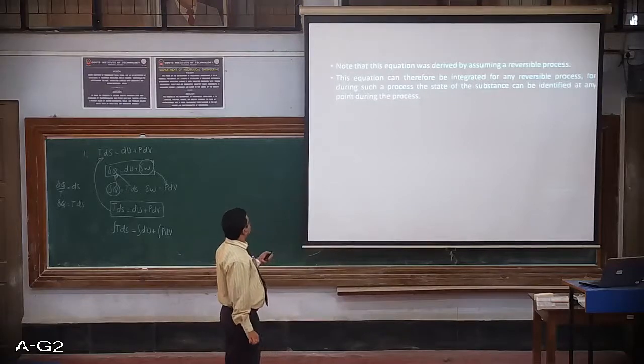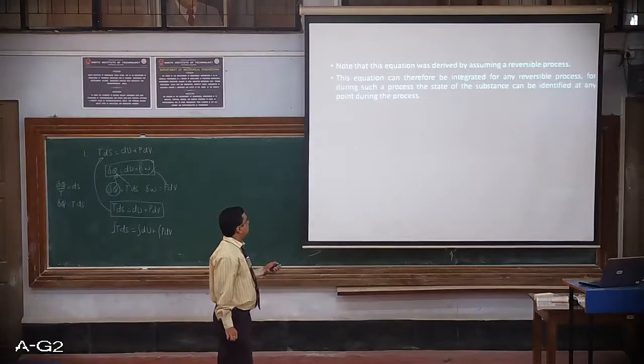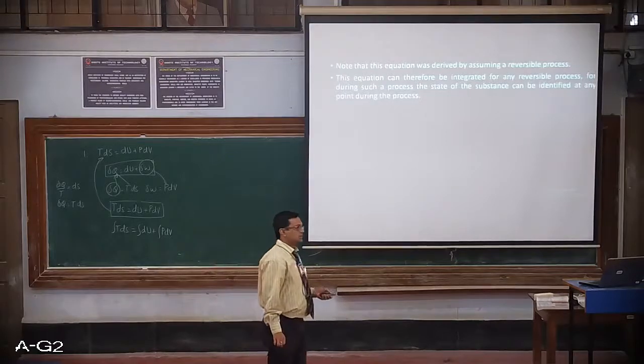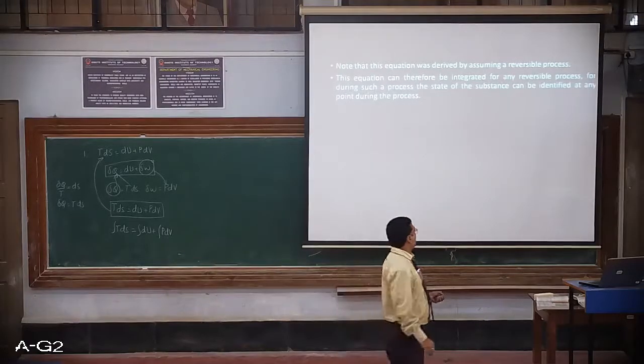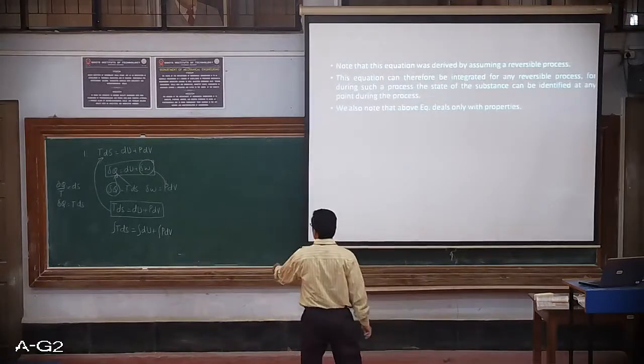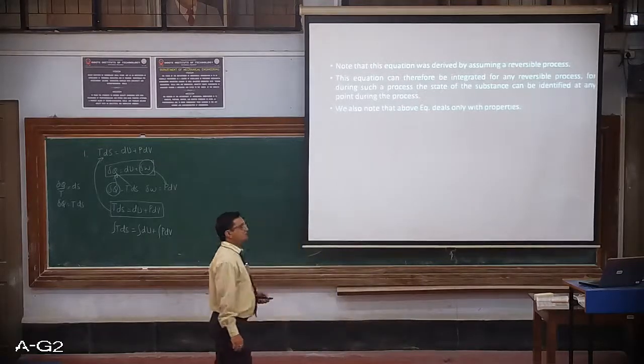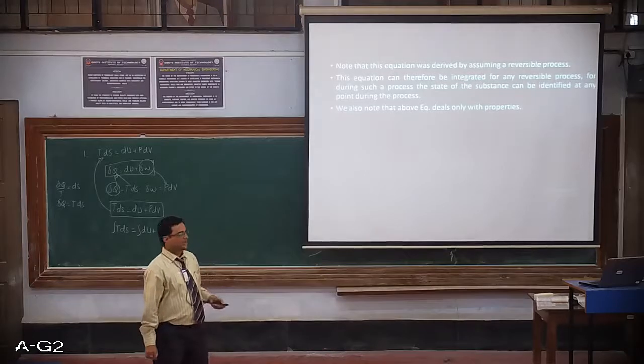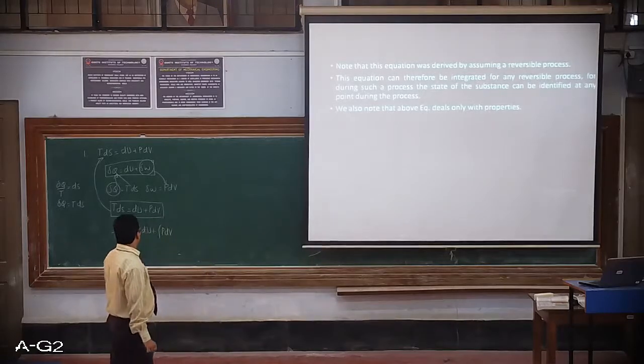For during such a process, the state of the substance can be identified at any point during the process. We know state points 1 and 2. We also note that this equation deals only with properties.